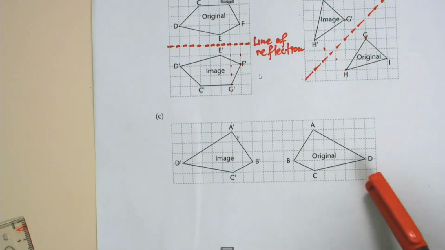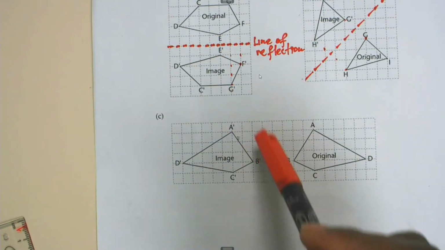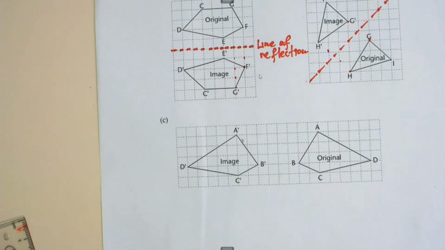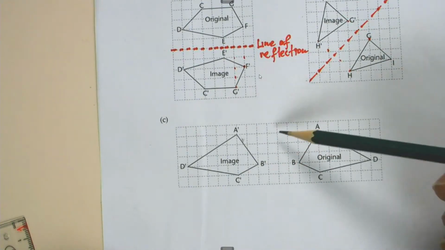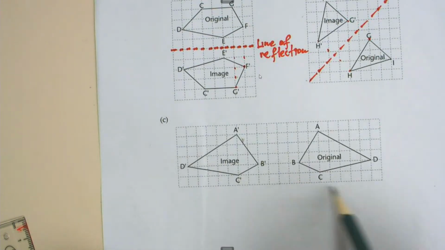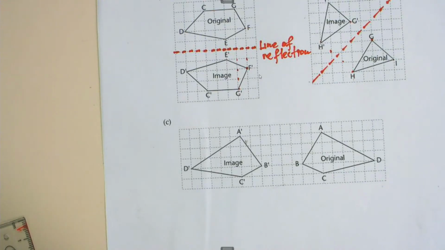We can see in this shape, our line of reflection, our line of symmetry, it could be here. It could be here, because there must be equal distance afar from each shape and from each point as well.